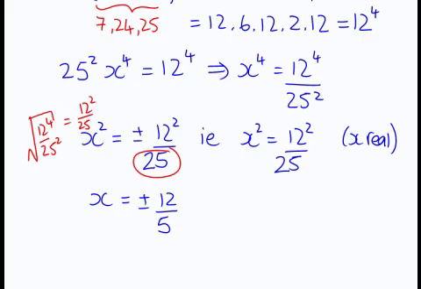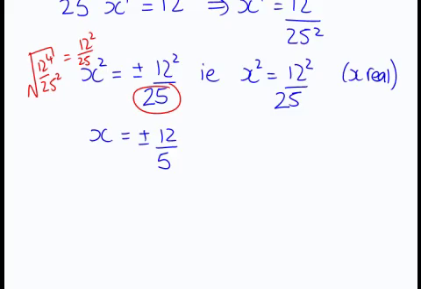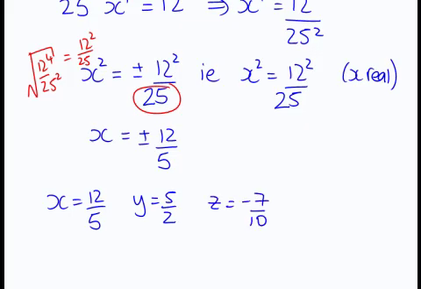And all we now have to do is work back up and have a look at what y and z should be when x is 12 over 5 and then minus 12 over 5. And I'll leave you to check that because those should be okay. If x is 12 over 5, you should see that y ends up being 5 over 2 and z ends up being minus 7/10.